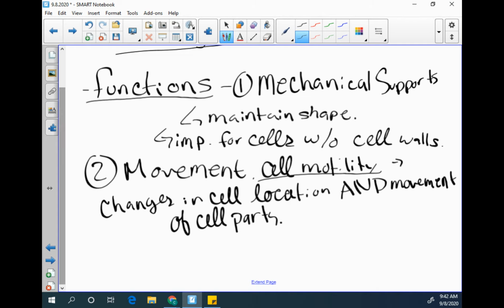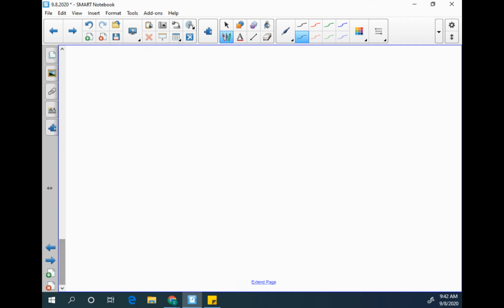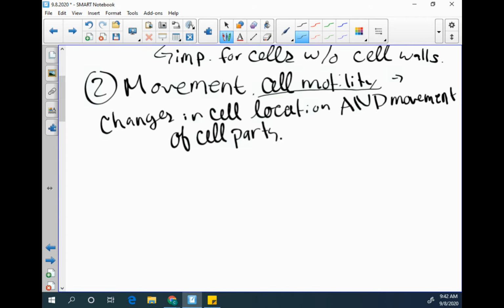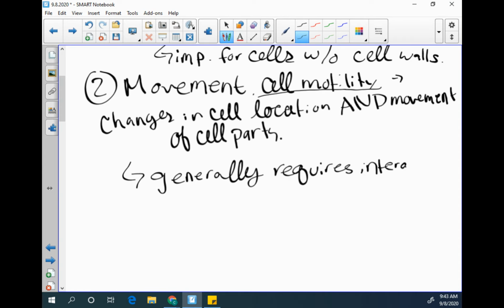Movement generally relies on cytoskeleton and motor proteins. So, generally, because there are always exceptions, it requires interactions. If you're a shorthand person, I find that I/A works for interactions.